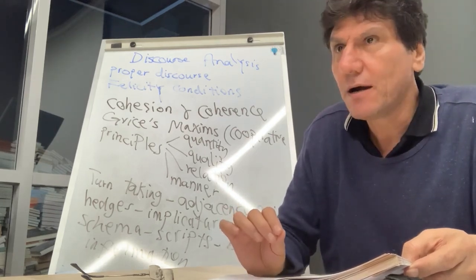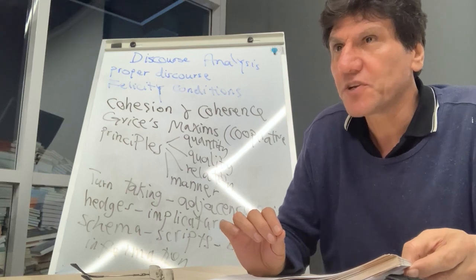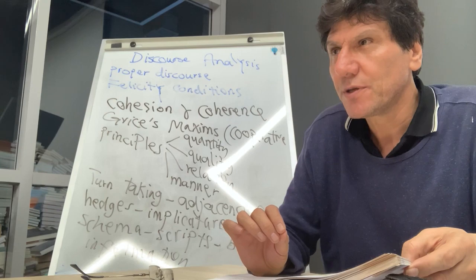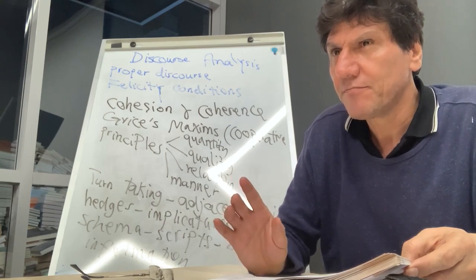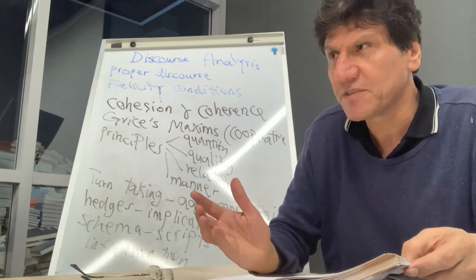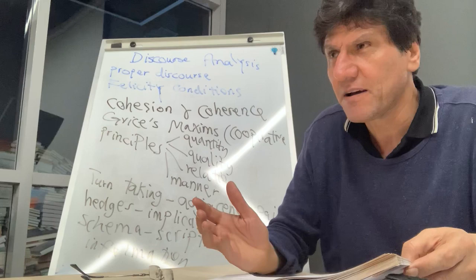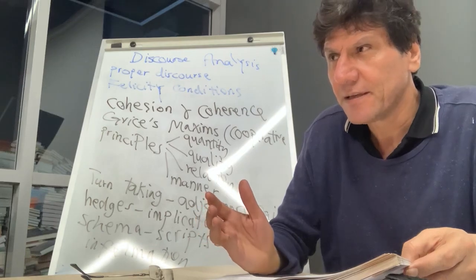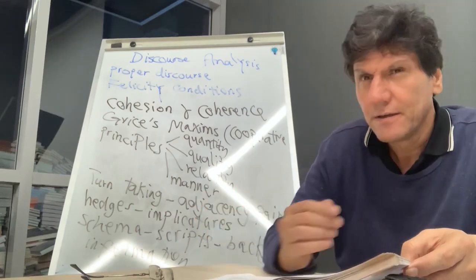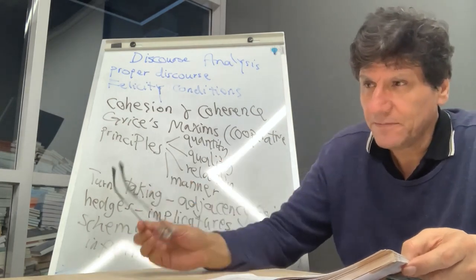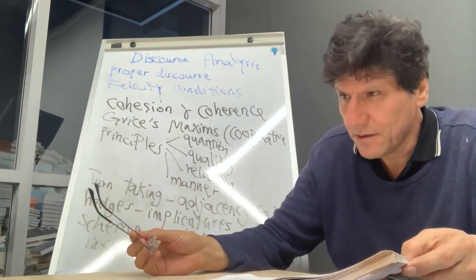Implicatures are the creation of relations between utterances or statements, although they are not there in the text. Creation of what? Creation of relations between statements, also they are not in the text.